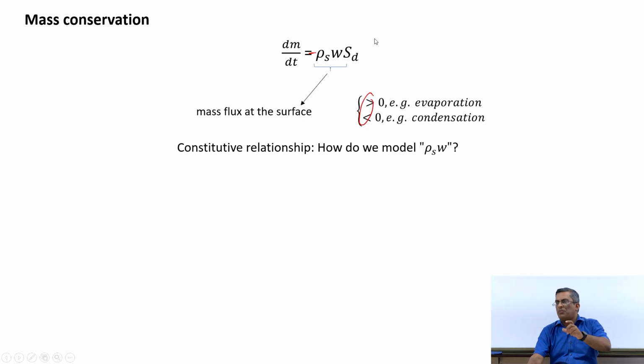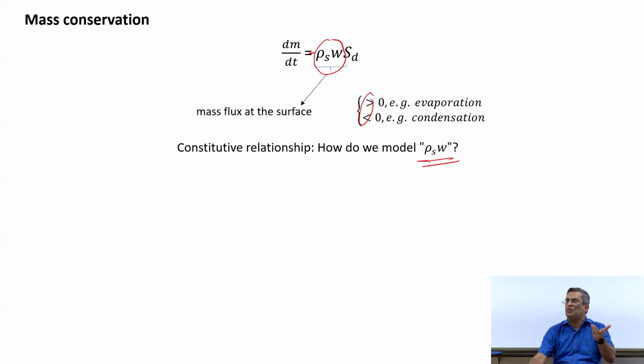If we have evaporation, then the rate of change of mass of the particle will be negative. If we have condensation, on the other hand, the particle size will grow. Okay. But what is of our interest is this part. What is this? This is the mass flux at the surface, that is, the rate at which vapor is generated per unit area per unit time in case of evaporation. So, this is what we need.